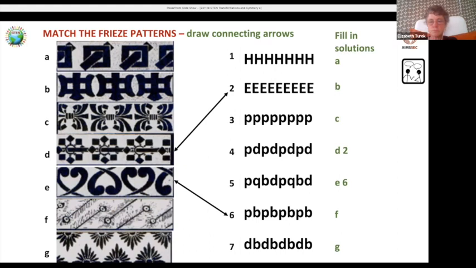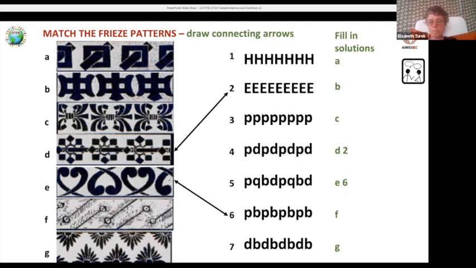Give you a few minutes to do that. Now this is a task you could give a group of learners to do, and there are plenty to talk about there and help them to recognize the different symmetries.